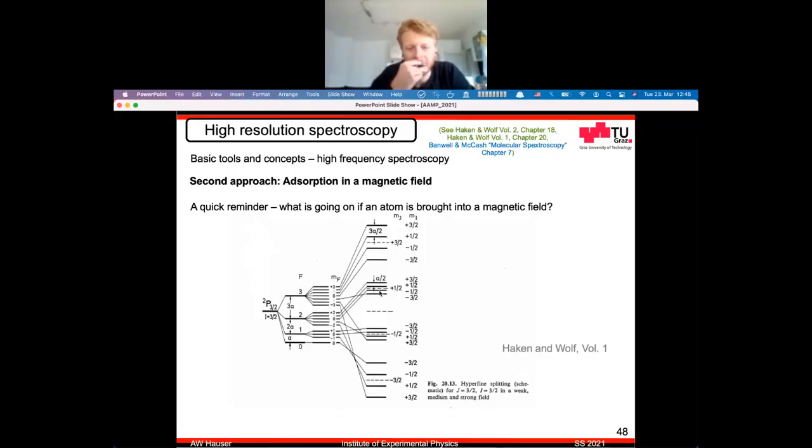Because if the field is stronger than the coupling between J and I, it makes more sense to classify the states with respect to a different set of orientational quantum numbers, namely the magnetic quantum numbers of J and I.